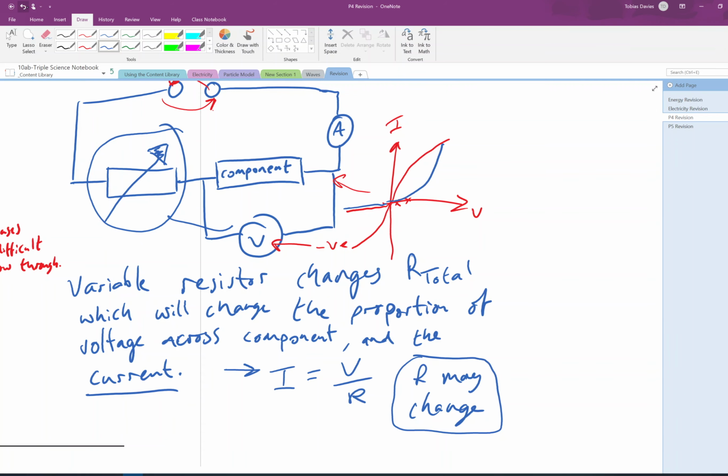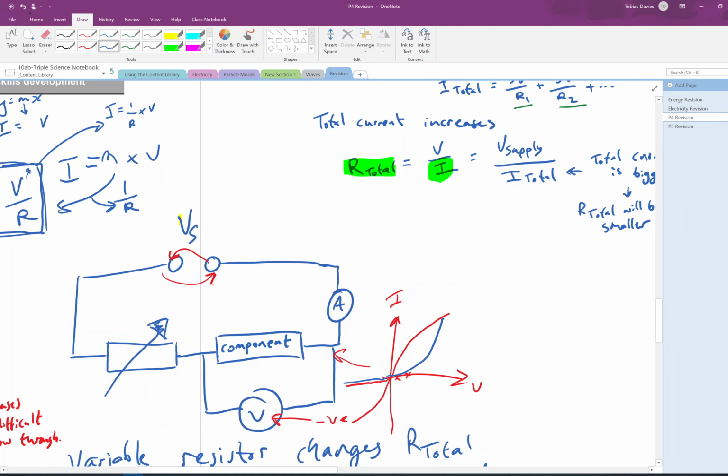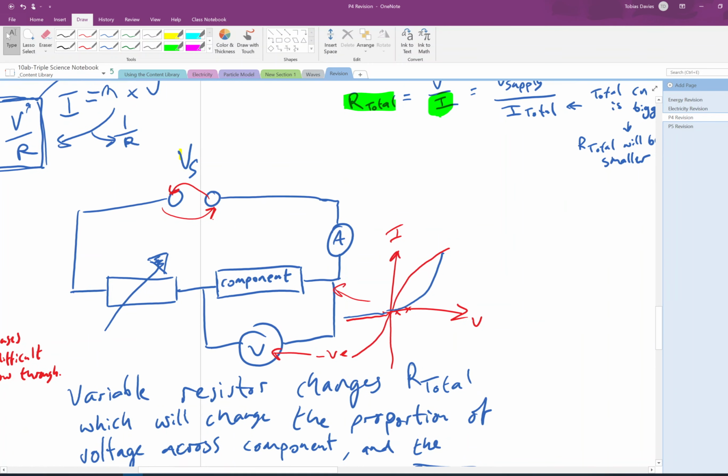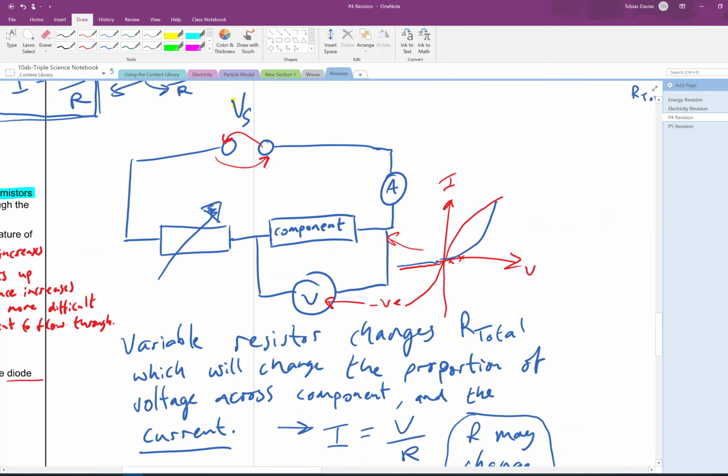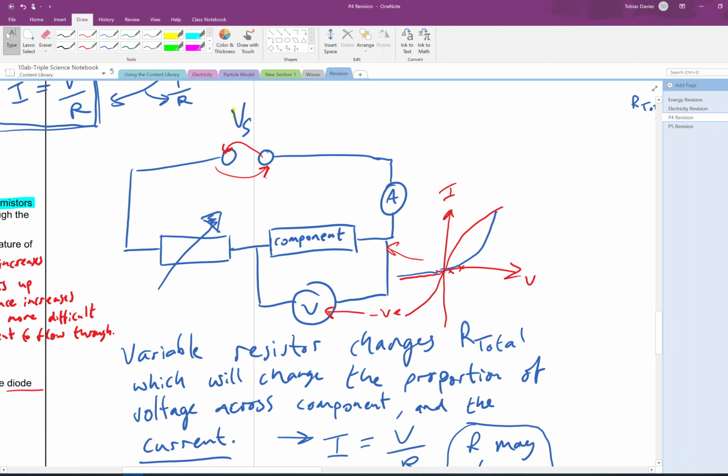It's really good to get your hands on the practical equipment to do this, but there hasn't been much practical work for students this year because of COVID, so you're just going to have to believe that what I'm saying is true. You change the value of the resistance of the variable resistor, and it will affect the voltage of the component next to it. Basically, if this has now got a big resistance, it's going to hog the voltage from the power supply.